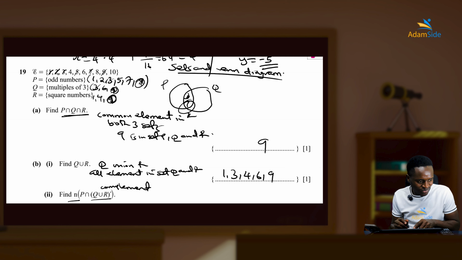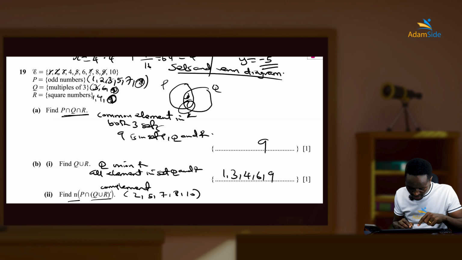Okay, let's find the complement. The complement of this means 2 is in it because 1 is not. Going through 1, 2, 3, 4, 5: 5 is in the complement of the union. And then we have 7, 8, and 10.